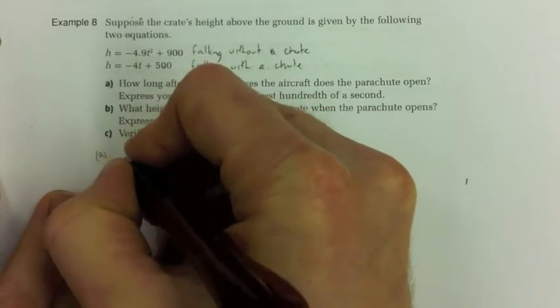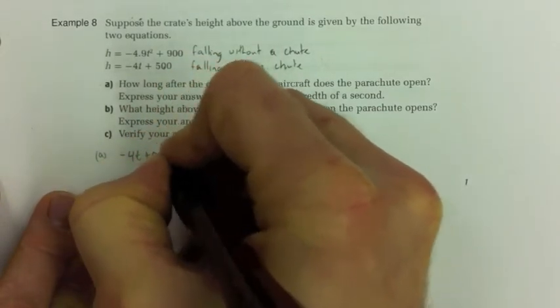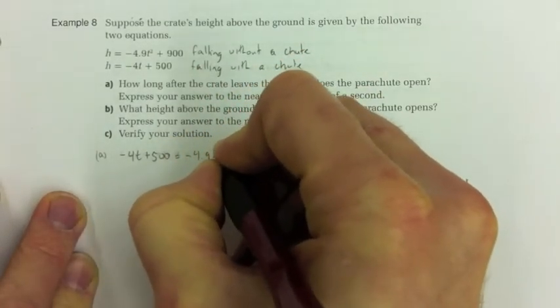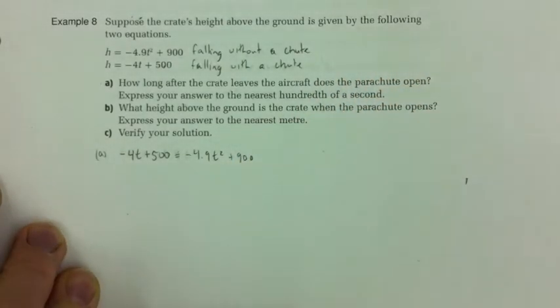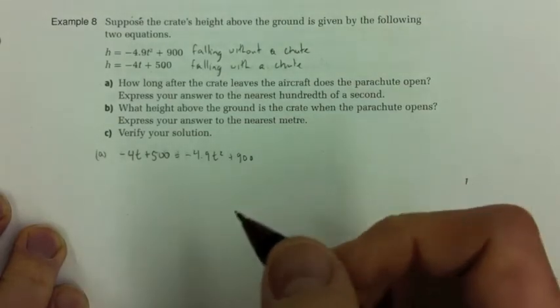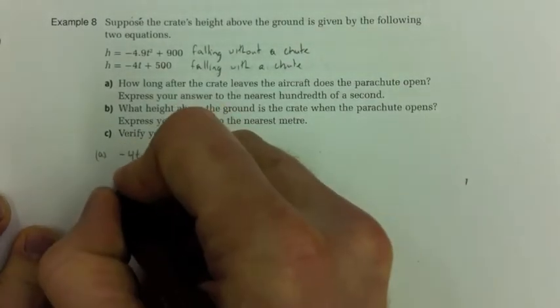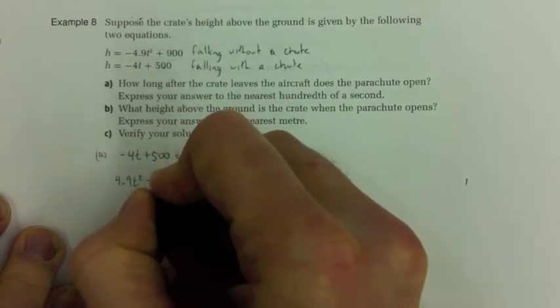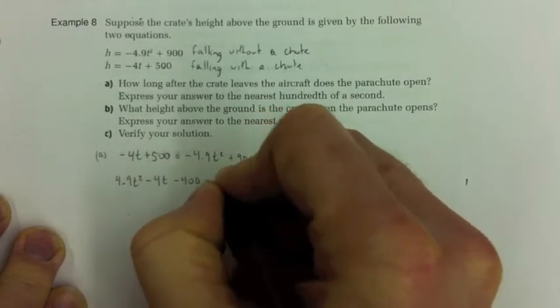And so we get negative 4t plus 500 is equal to negative 4.9 t squared plus 900. This is a quadratic equation, so we need to make it equal to 0. I'm going to move everything to the left-hand side. So 4.9 t squared minus 4t minus 400 is equal to 0.